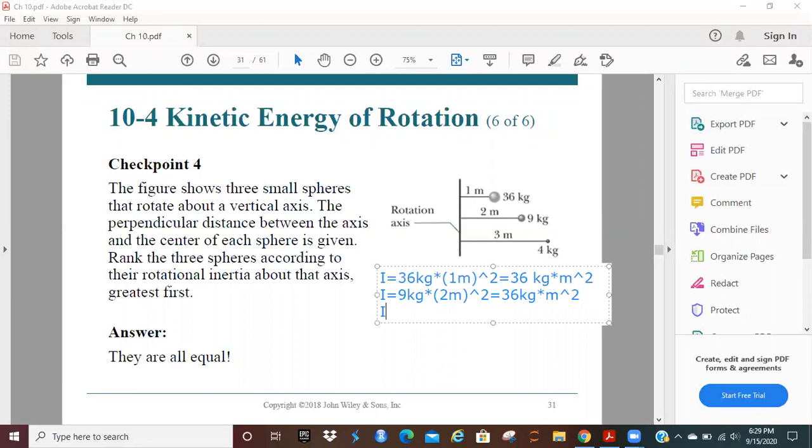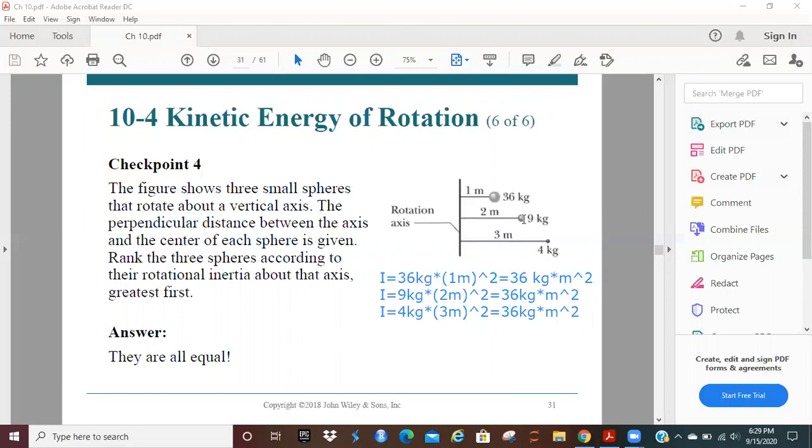Take a look at the third one. 4 kilogram times 3 meters squared. All of them are the same.